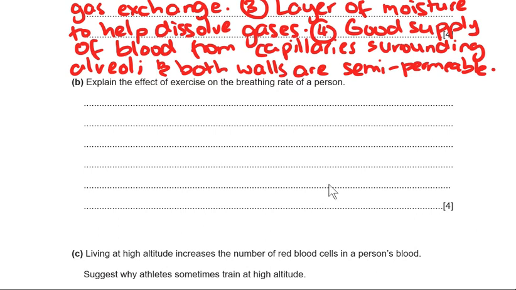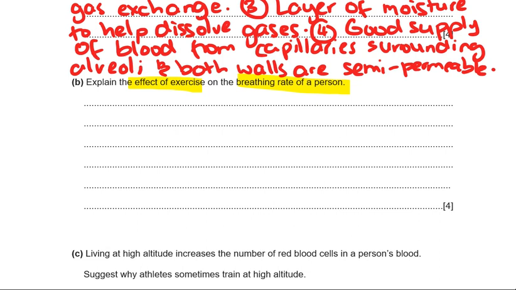And this part, we haven't really talked much about. I wanted to cover this point in this question, actually. So when this question is asking about the effect of exercise on the breathing rate of a person, we've actually seen this type of question in the MCQ, and it is something that you have definitely experienced on your own before.